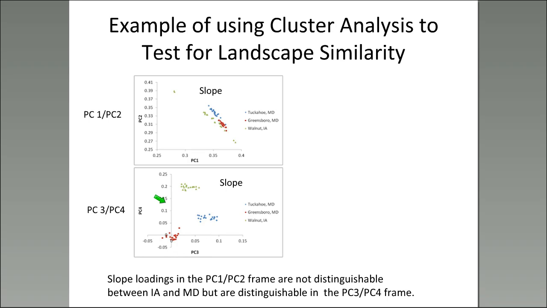But what the cluster analysis showed was that there was no difference between these three groups of points, whereas there was a significant difference between this group of points and these two groups of points. Unfortunately, the panel didn't come through properly on the slide.